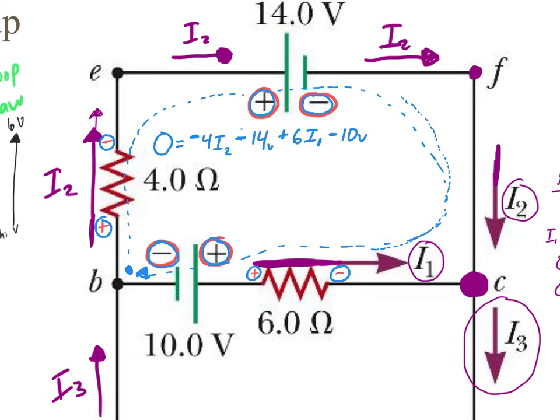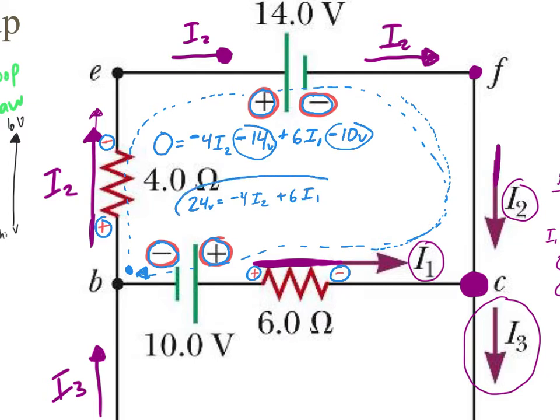Both voltages are negative in this case, negative 14, negative 10. So those will combine to be negative 24 volts. And when I move them to the other side of the equation, they become positive 24 volts is equal to negative 4I2 plus 6I1.